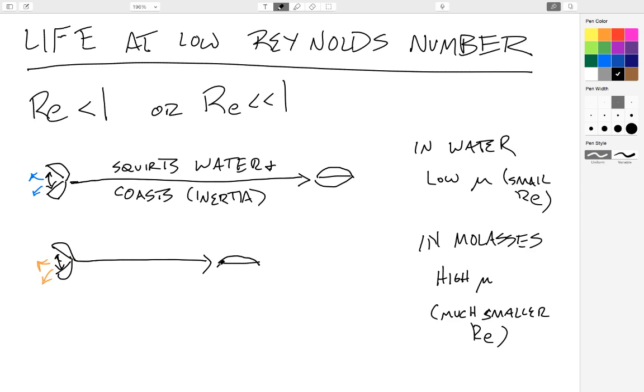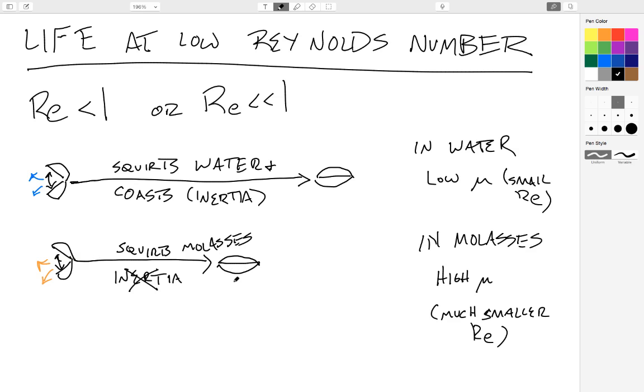Now, there's something interesting to note here. This distance is less than this distance. And the reason is there is no inertia, there's no coasting once it closes. So it squirts molasses out, but there's no inertia, so it doesn't go as far.